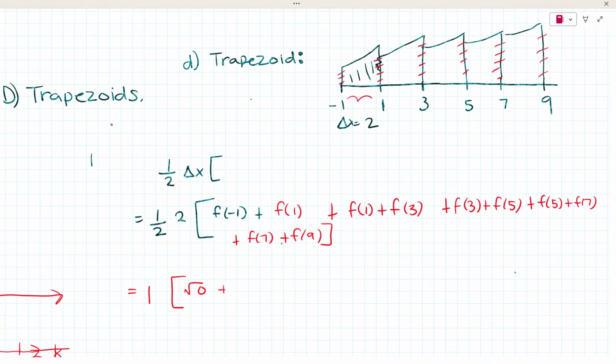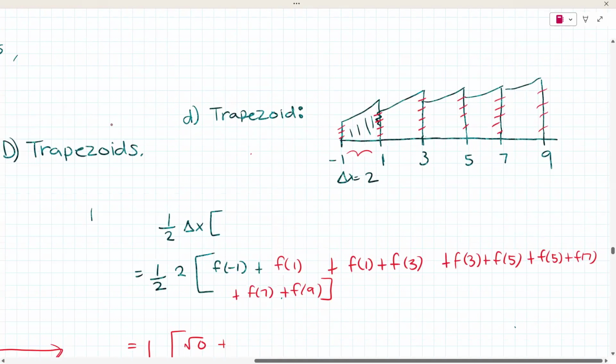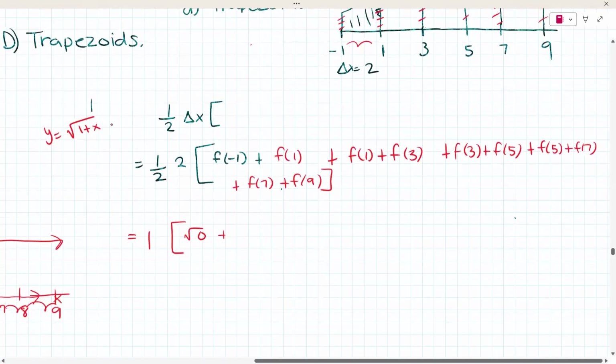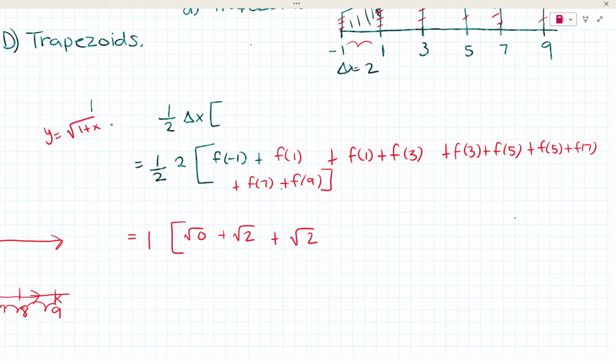And then if you plug in f of 1, what is our function? Our function is y equals square root of 1 plus x. And then f of 1 is square root of 2. F of 1 is also square root of 2.